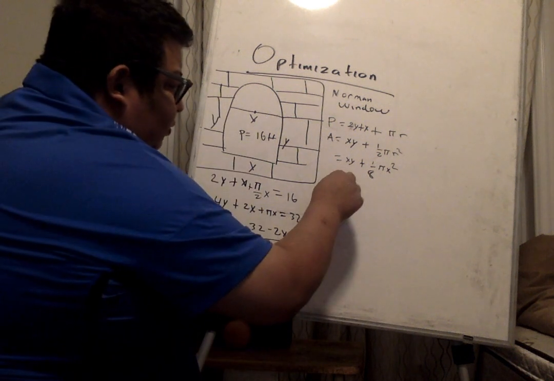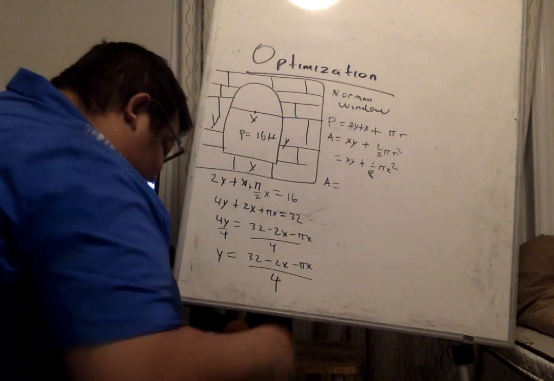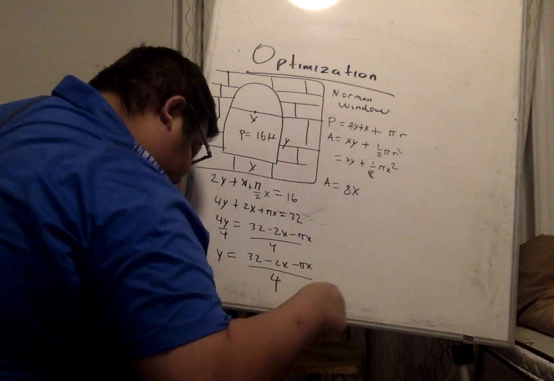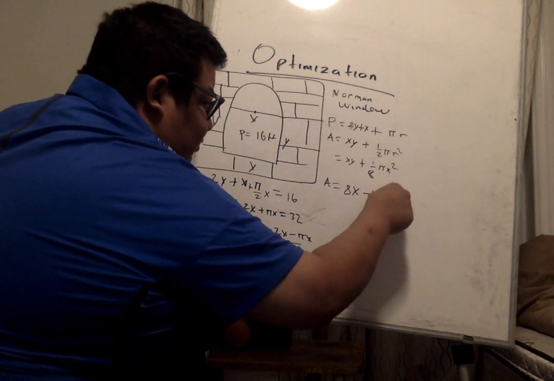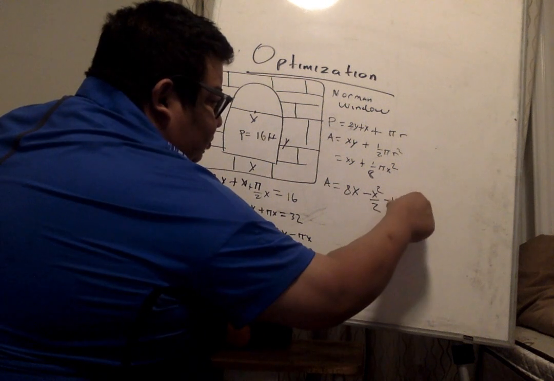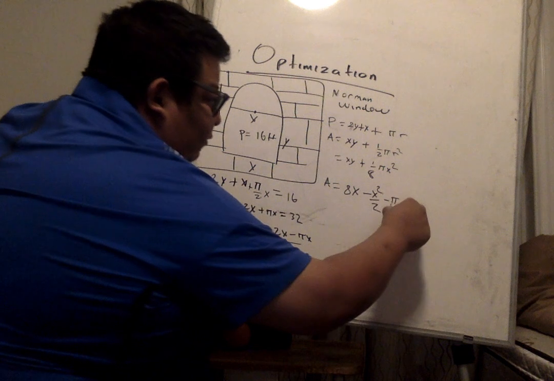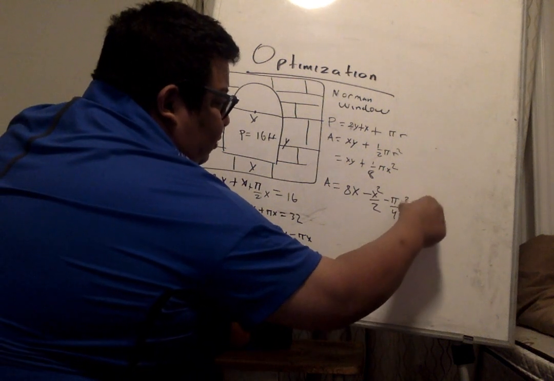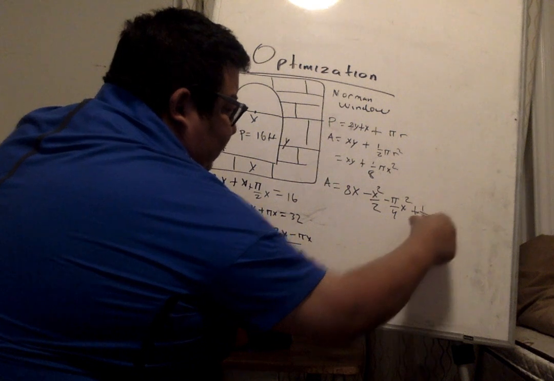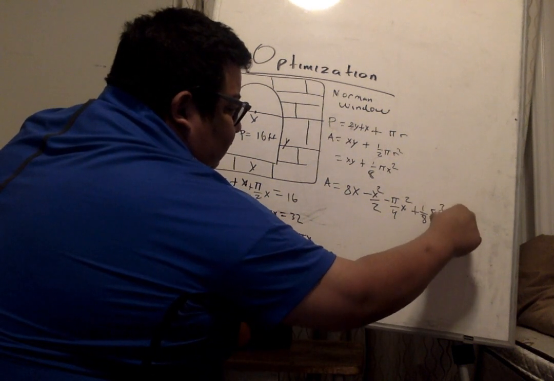After plugging in y here and doing manipulation, you're gonna get that the area is equal to 8x minus x squared over 2 minus pi over 4 x squared plus 1 over 8 pi x squared.